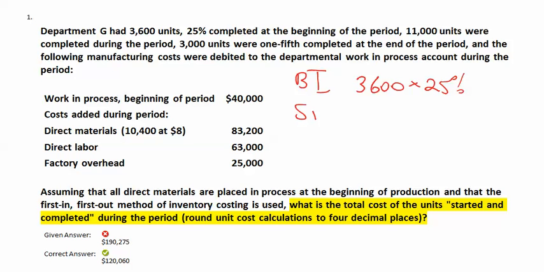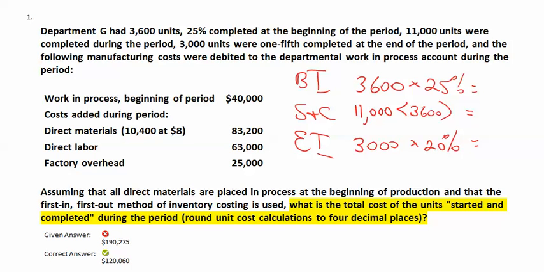My started and completed, we had 11,000 units completed during the period. So we had 11,000 that were completed. I'm going to subtract from that my beginning inventory of 3,600 units. And my ending inventory, we have 3,000 units at 1/5. That's 20%.